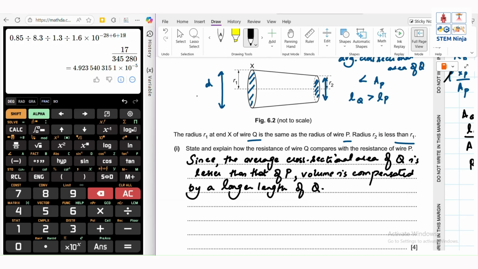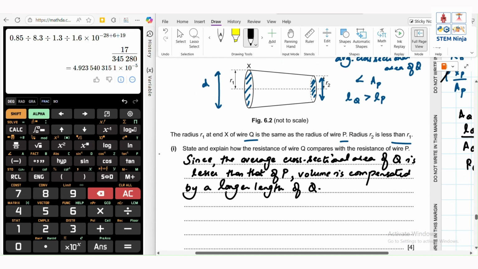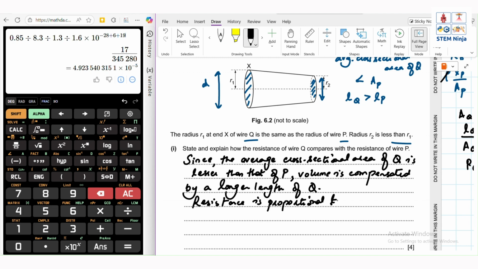Therefore, sorry, no, we first have to describe this relationship also. So since, sorry, resistance is proportional to length and inversely proportional to area or cross-sectional area.